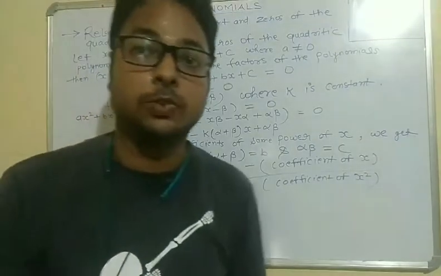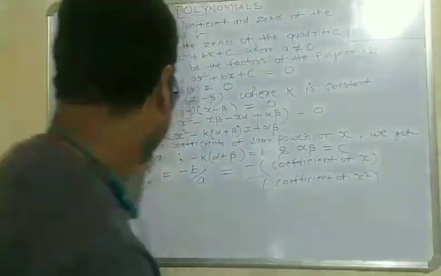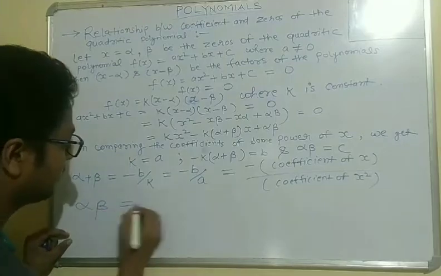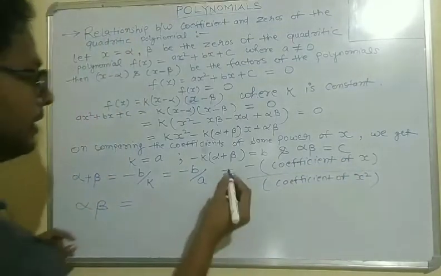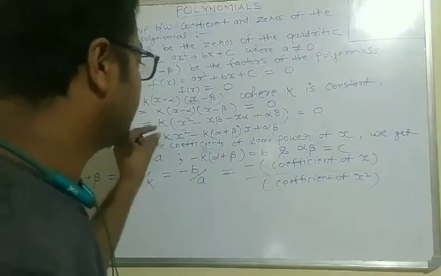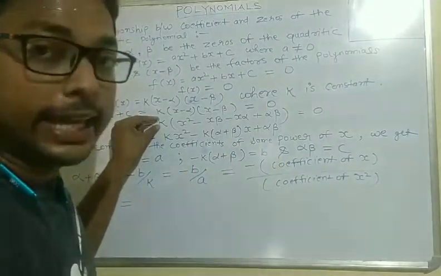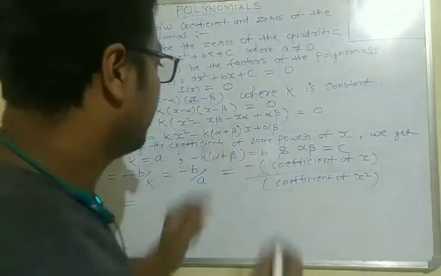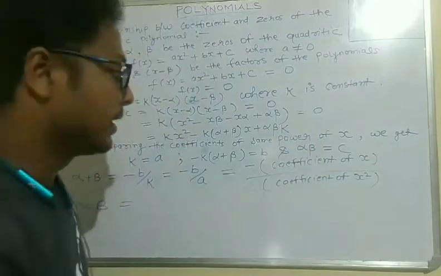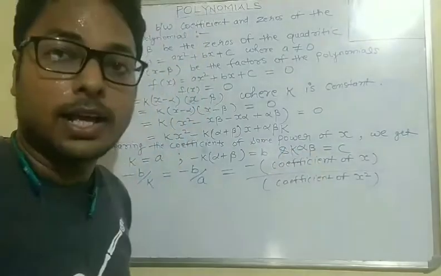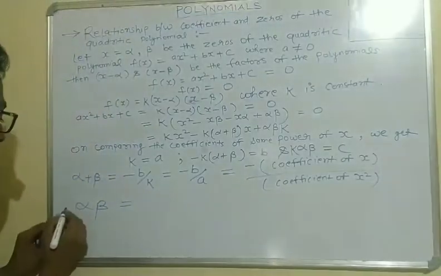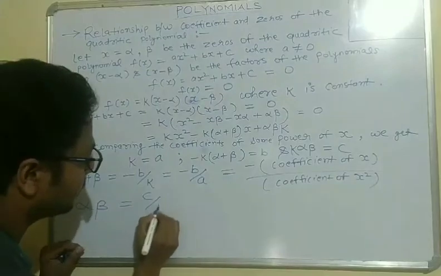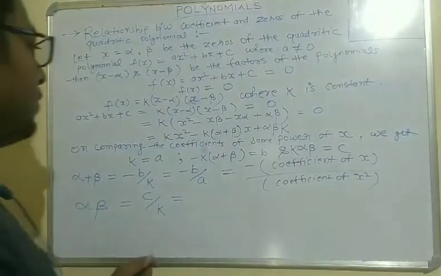And the product of the zeros. What will be the product of the zeros? Alpha dot beta equal to, here I have missed it. If we multiply k, it will multiply in every coefficient. So this k will be here also, and it can be written as alpha dot beta equal to c upon k. What is c upon k?